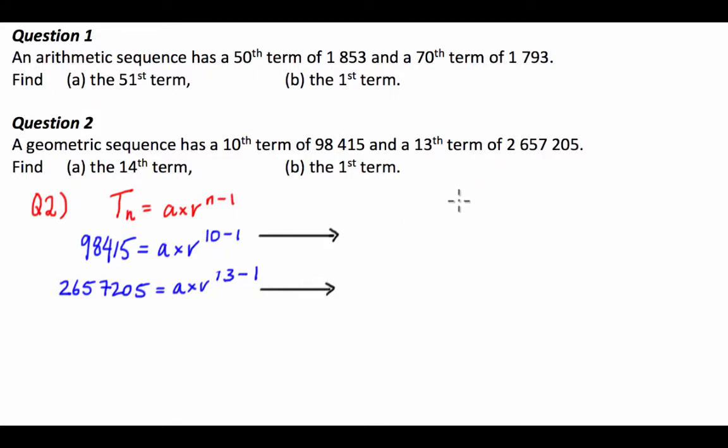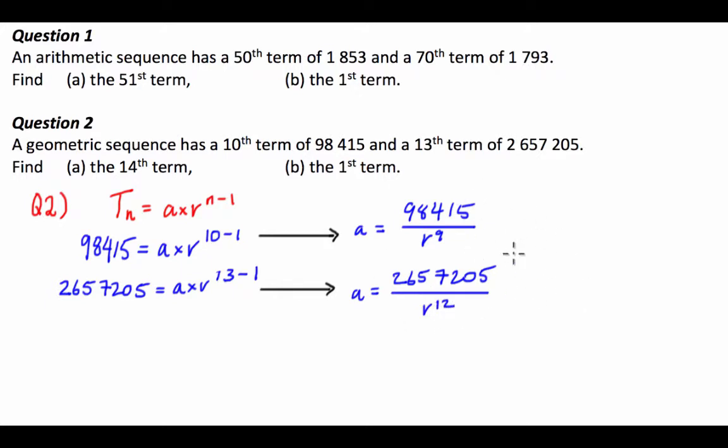So what I'm going to have is a is equal to 98,415 divided by r to the power of 9. And on this one, I have a is equal to 2,657,205 divided by r to the power of 12.